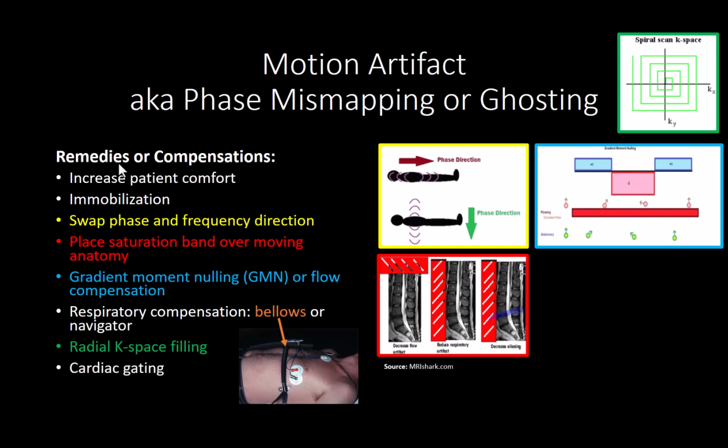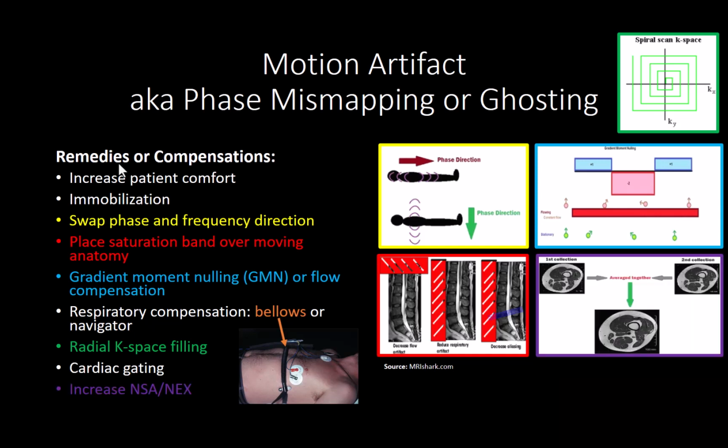And then you can use cardiac gating for any cardiac exams. And finally, you can increase the number of signal averages or number of excitations to help average out the noise from motion. Unfortunately, if you select this option, increasing your NEX will also increase your scan time because NEX is incorporated in the scan time equation.